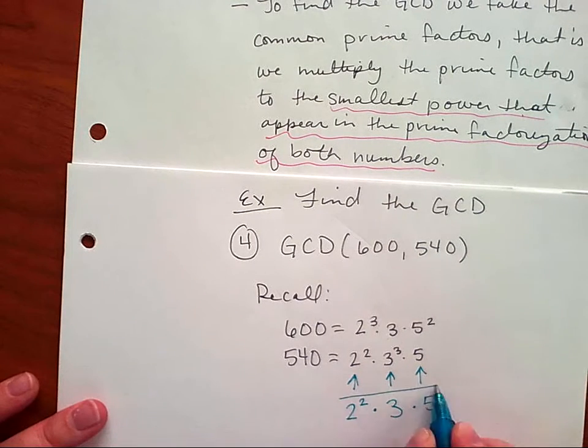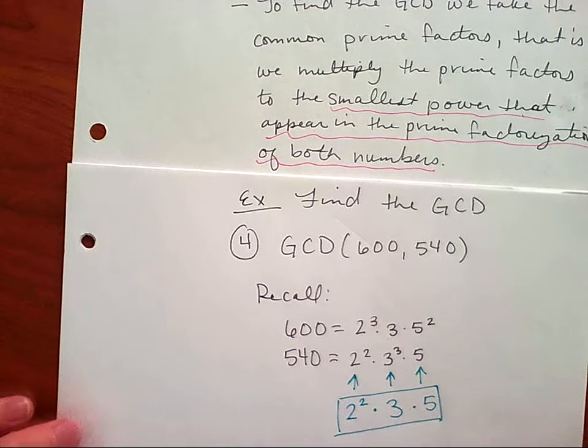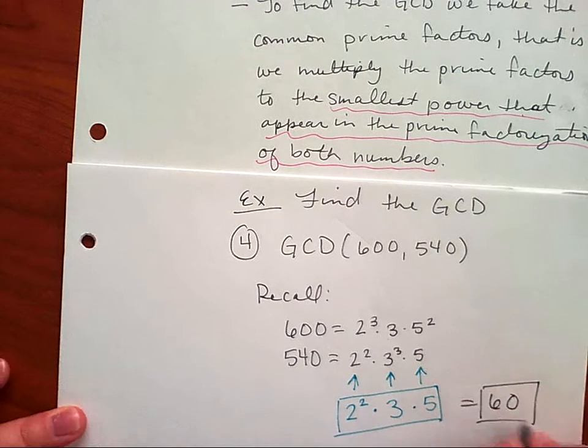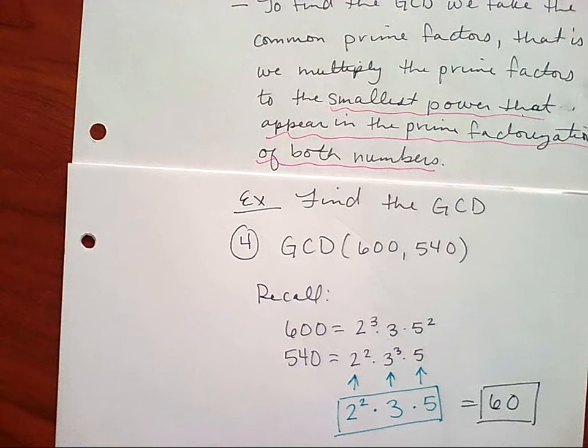So this is my GCD, my greatest common divisor. It's 4 times 3 is 12, times 5 is 60. So that's the largest number that divides both. Largest natural number that divides both.